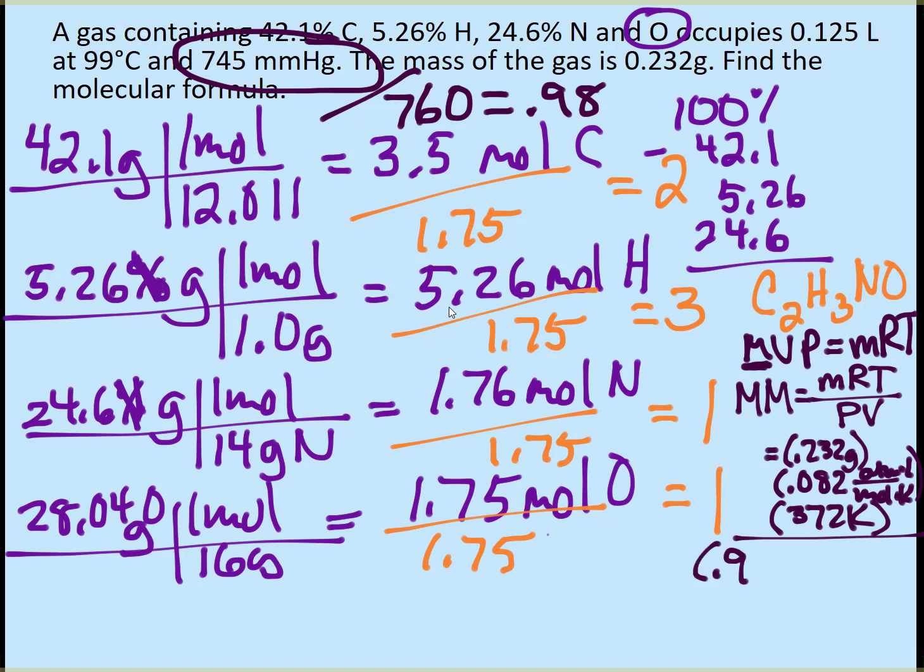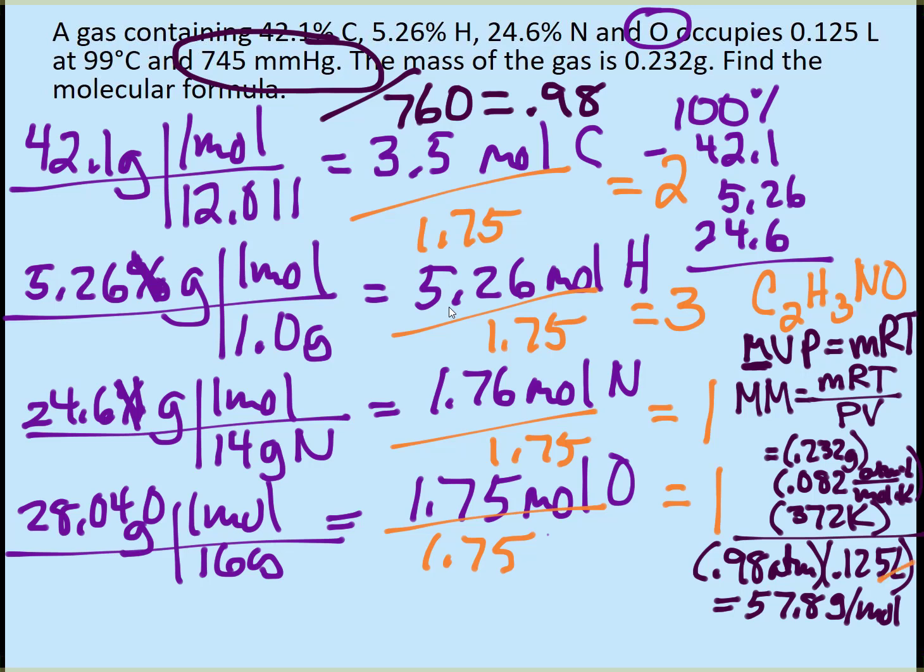All right, so let's go over here. So we have 0.98 atmospheres. And then I'm going to divide it by the volume, which is 0.125 liters. Okay. When I go ahead and do the math, I get 57.8 grams per mole. So all the units should cancel out.